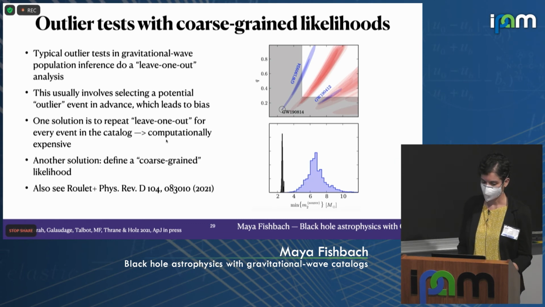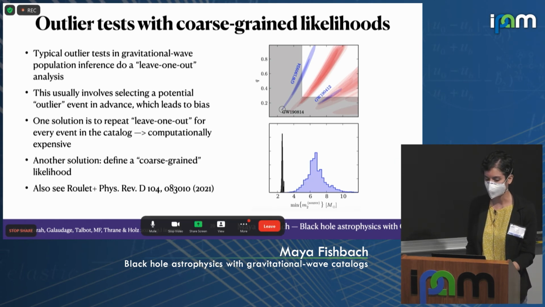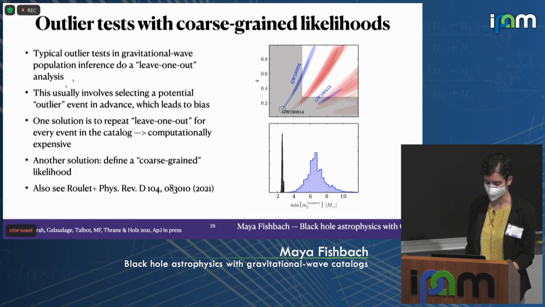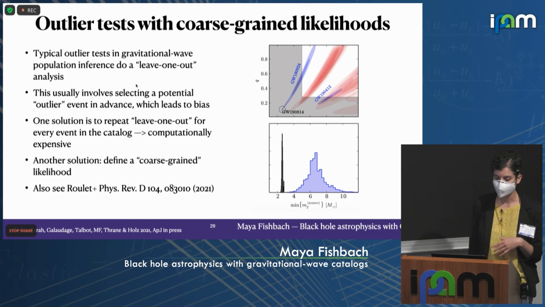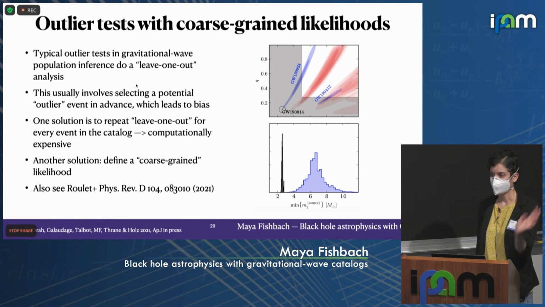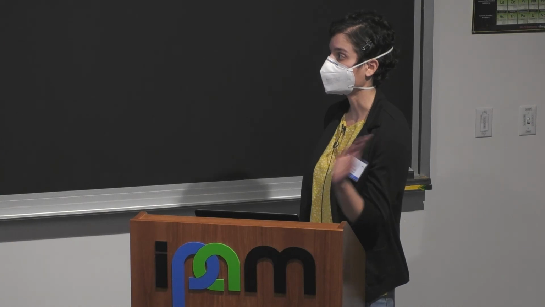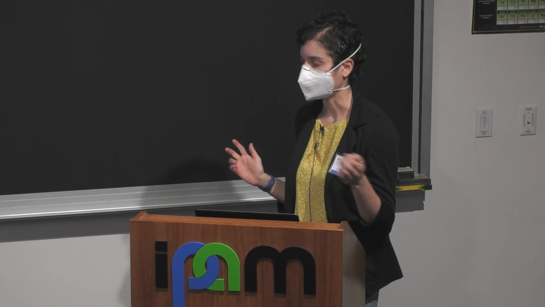The other thing that goes into this category is outlier tests. I just wanted to briefly highlight some recent work by Reed Essick, who's there, and Colm and me and other people. Another thing that we tend to do in addition to posterior predictive checks is that maybe there's one weirdo event in our event list that we think doesn't really fit the population.